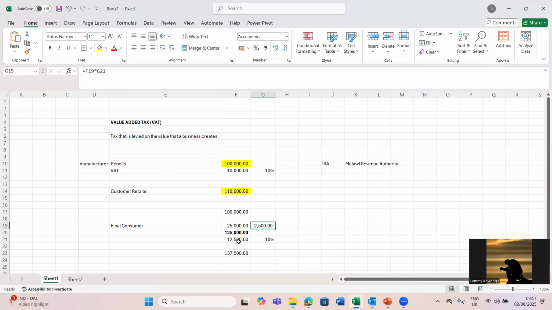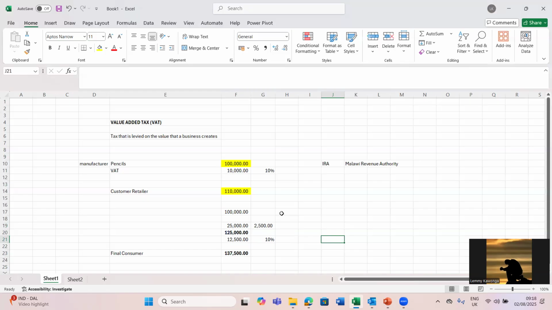And this retailer will pay the 12,500 to the revenue authority. The final consumer will pay 137,000. But this 137,000 will not all go to the retailer. Eventually the retailer will only retain 125,000, and this 12,500 will go to the revenue authority. So this is how VAT works.